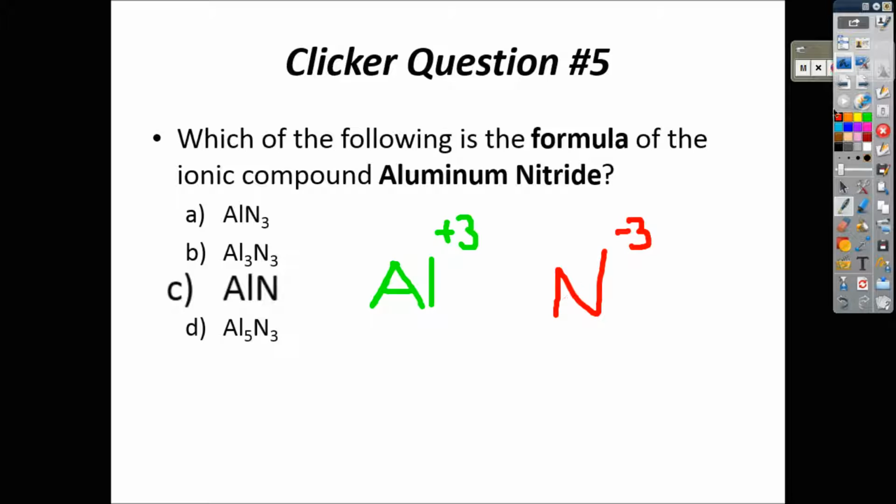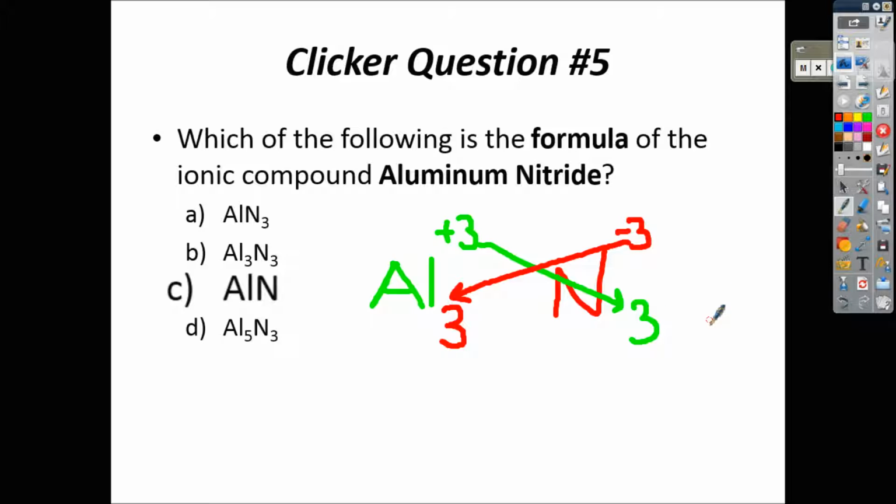All right. So you want to take the positive 3, and bring the 3 down to nitrogen. And then the 3 that's on nitrogen, that charge will come down to aluminum. Right? So you have Al3N3.